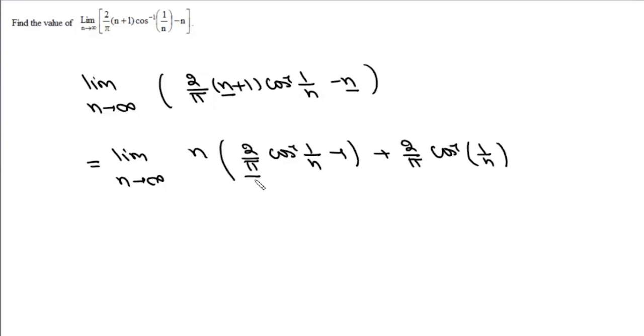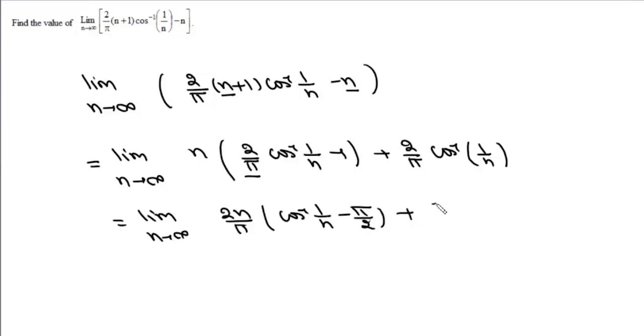Now here we'll take 2 upon pi also common. So we can write this as limit n tends to infinity, and here will be 2n upon pi, and this is cos inverse 1 by n minus pi by 2, and this is 2 upon pi cos inverse 1 by n. Now pi by 2 minus cos inverse 1 by n is sin inverse 1 by n.